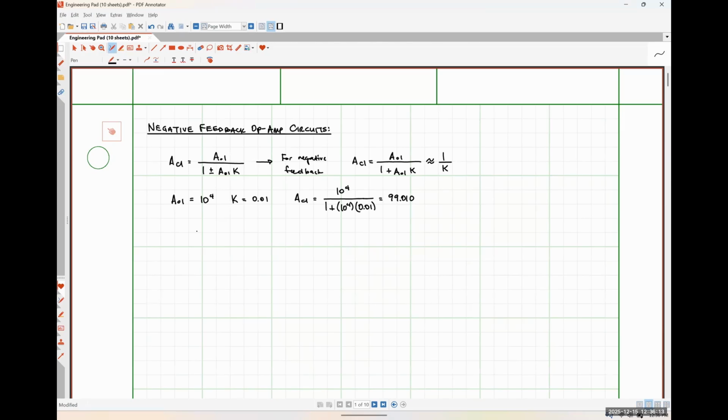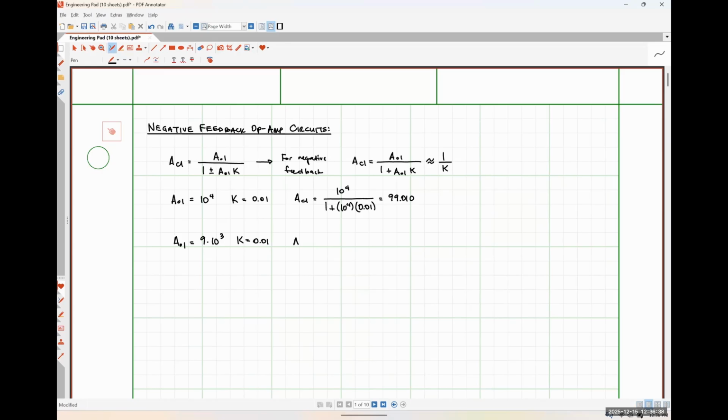Now let's consider a case where our open loop gain is 9 times 10 to the 3, while we keep our feedback factor constant. Okay. So this is a 10% reduction in open loop gain. Okay. So 10 times larger of a change than we dealt with in our positive feedback system.